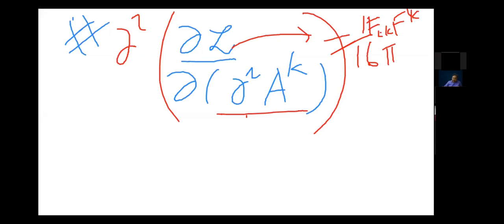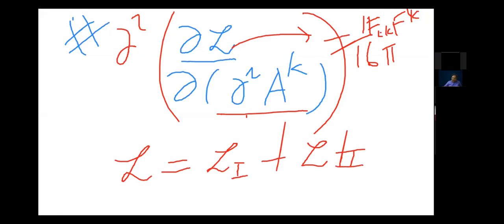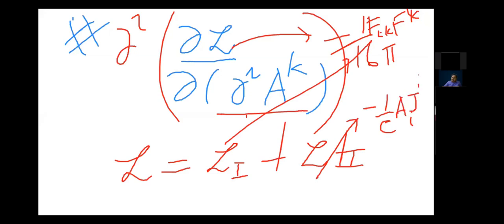It is L first part plus L second part, right? Now, what was the L first part? L first part is this thing, and L second part was minus 1 by C AI JI, or AMJM, if you want to use another symbol for this index, AMJM.